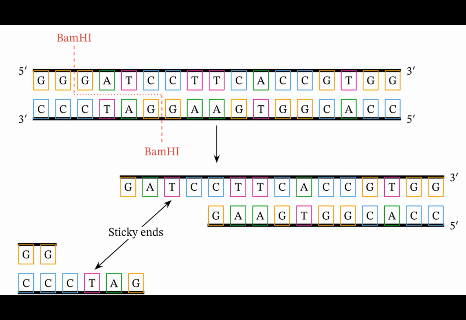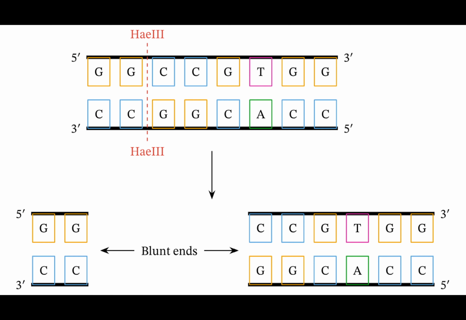BamHI cuts in a staggered manner to produce sticky ends, when they have the overhang. HincII or SmaI is one of the enzymes that create blunt ends. It cuts straight down the middle. Those are the differences between sticky ends and blunt ends.